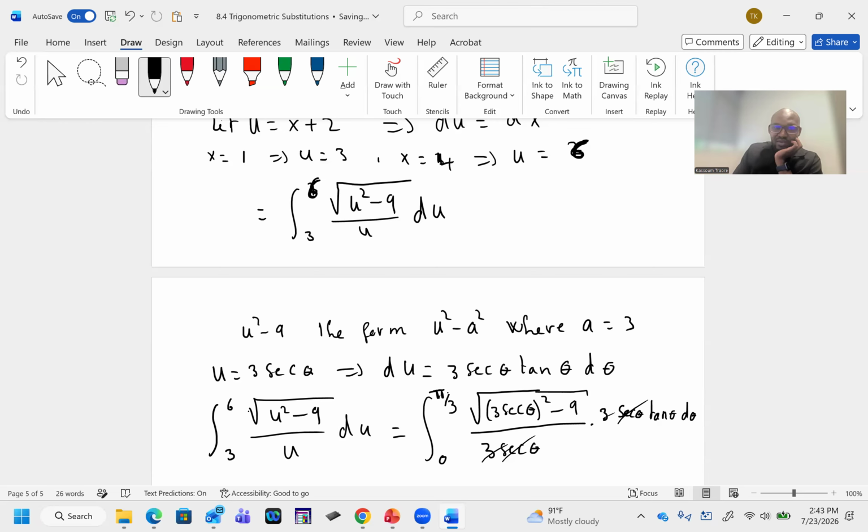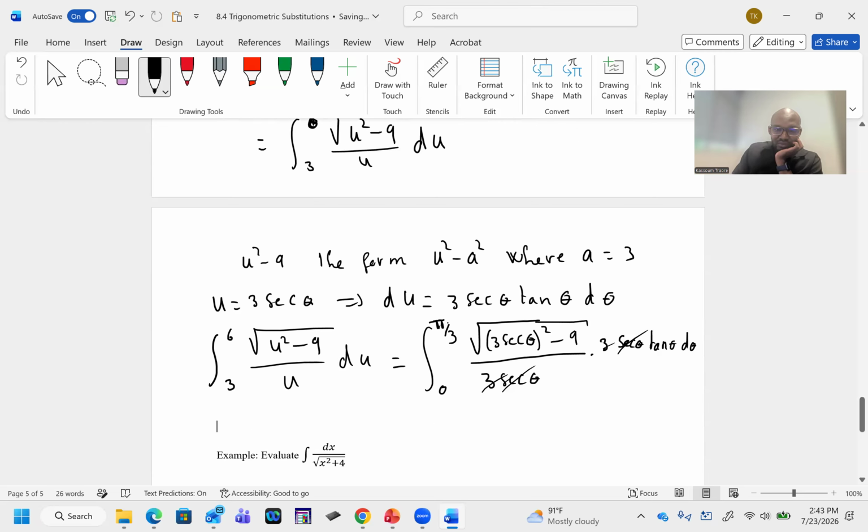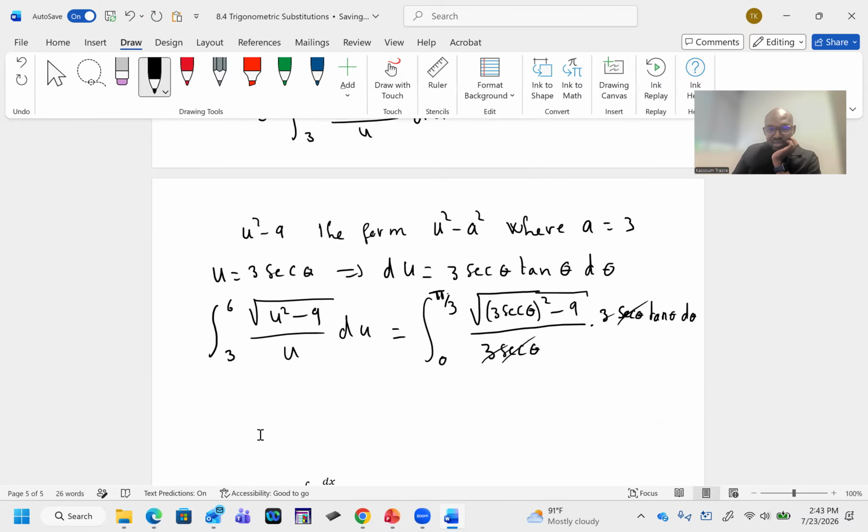And if you look inside, we will have from 0 to pi over 3. If I factor 9, I will have 9 times secant squared theta minus 1. And what is secant squared theta minus 1? That is tangent squared, right?